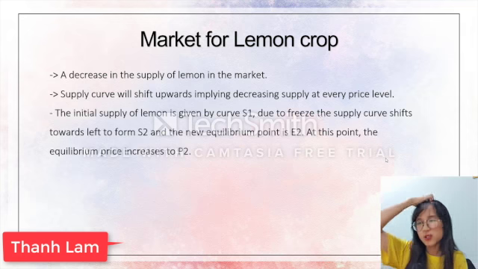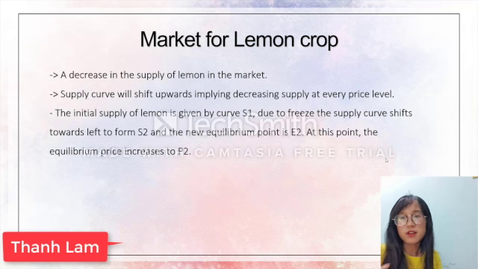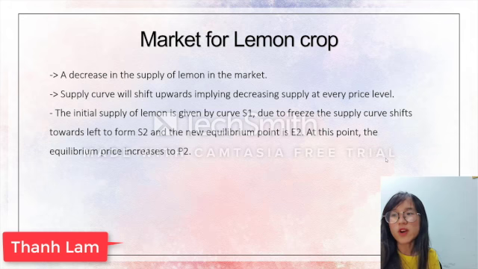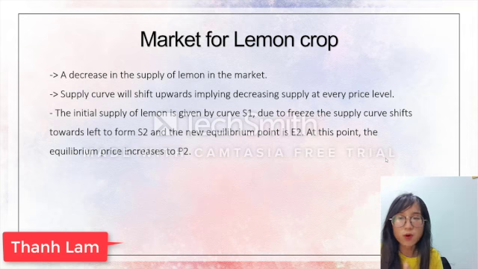The initial supply of lemons is given by the curve S1. Due to the freeze, the supply curve shifts toward the left to S2, and there is a new equilibrium point E2. At this point, the equilibrium price increased to P2.